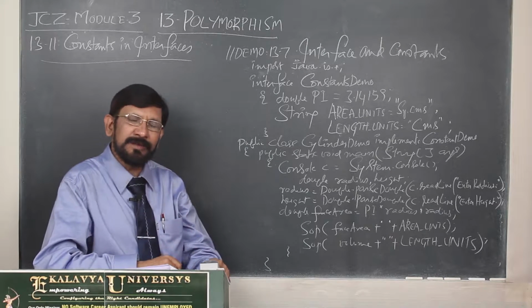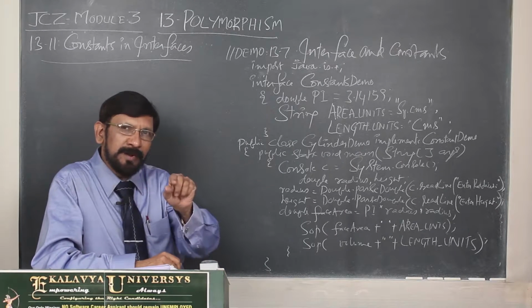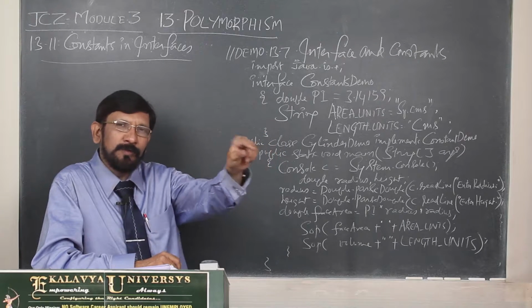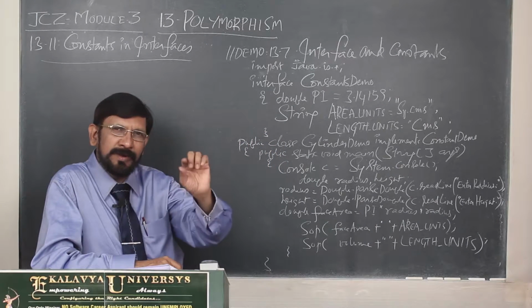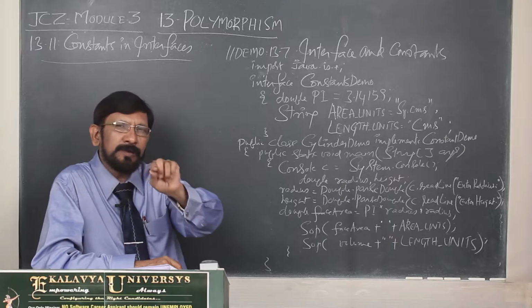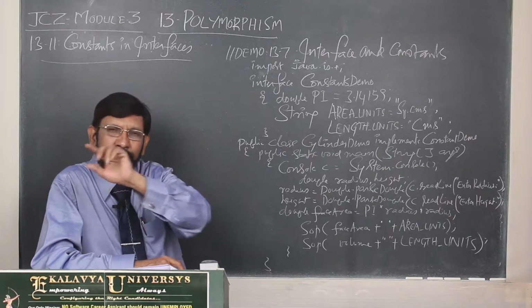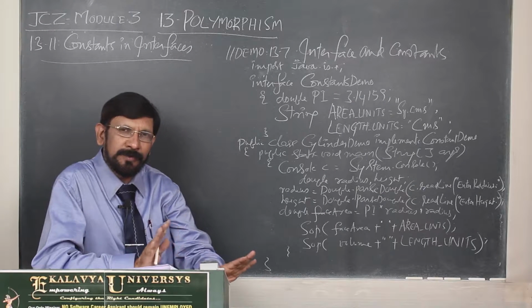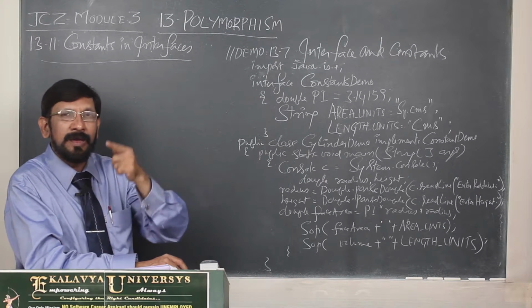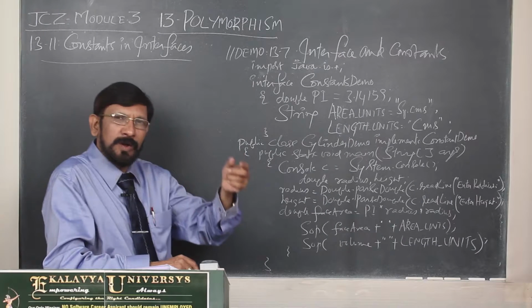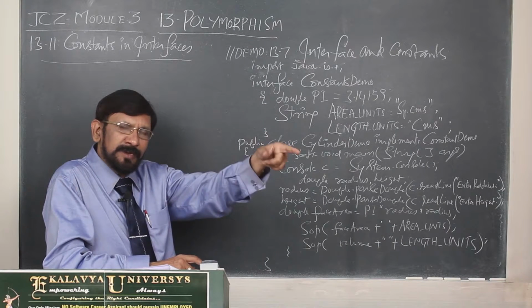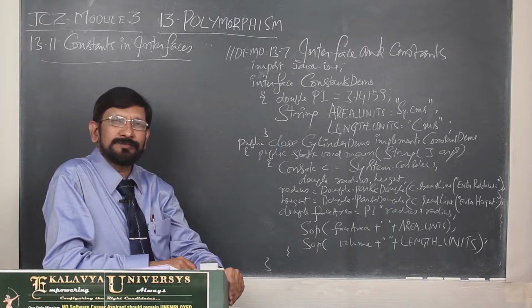In such case, a simple name will not do. You must use the fully qualified name. Fully qualified name is interface name dot constant name. If there is any path, the entire path you should use. That point you must remember. Then only other clients who want to use the constants of the interface can use them.